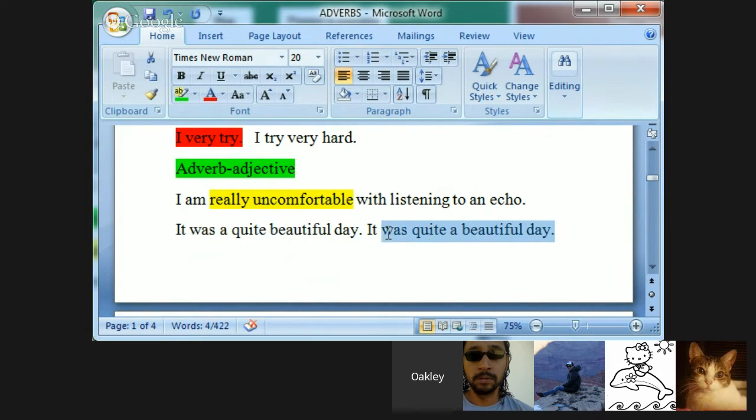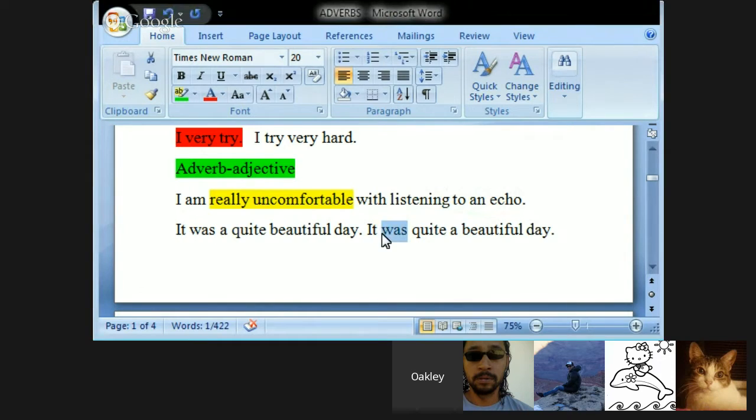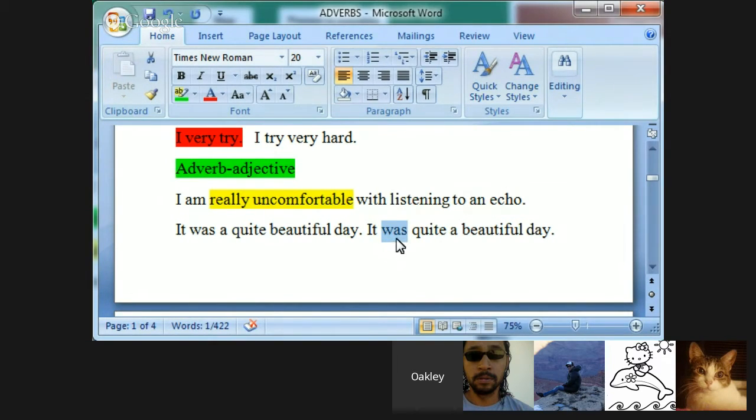Why is this second sentence also valid? Because actually, this adverb is now acting on the verb. If you remember, when we looked at using an adverb with a verb, when we use just the verb to be, the adverb placement is right behind the verb to be, when the verb to be is by itself as the main verb. Actually, you're using quite to modify the verb.